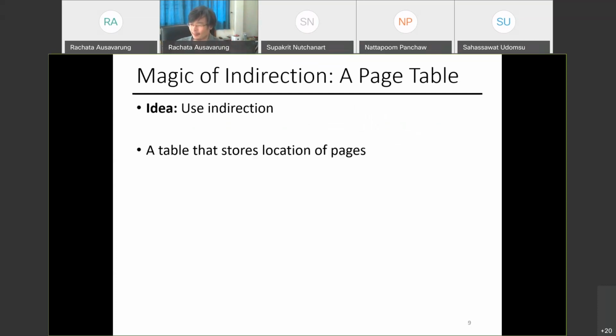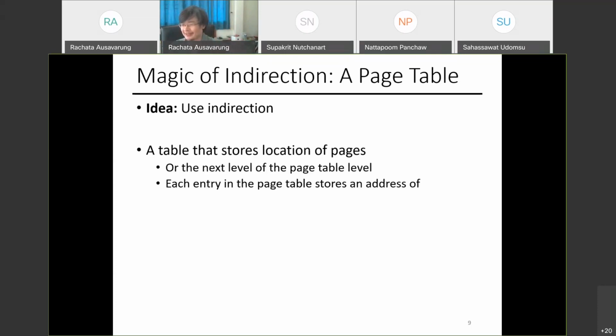What we can have is a table that stores the location of pages, or a table that stores the location of the next level table, where each entry stores an address of the next level. So I'm going to draw things here a bit.